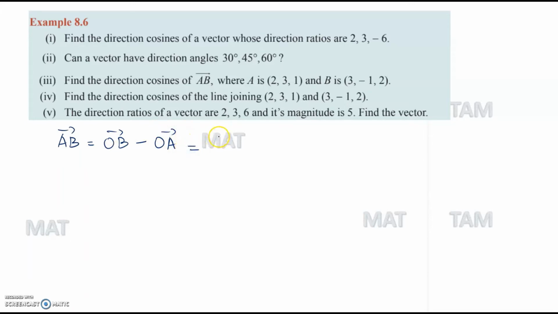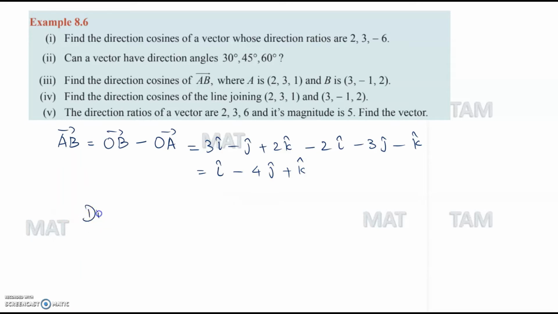What is our OB vector? OB vector is 3i cap minus j cap plus 2k cap, minus our OA vector, which is 2i cap minus 3j cap minus k cap, and that's equal to i cap minus 4j cap plus k cap.